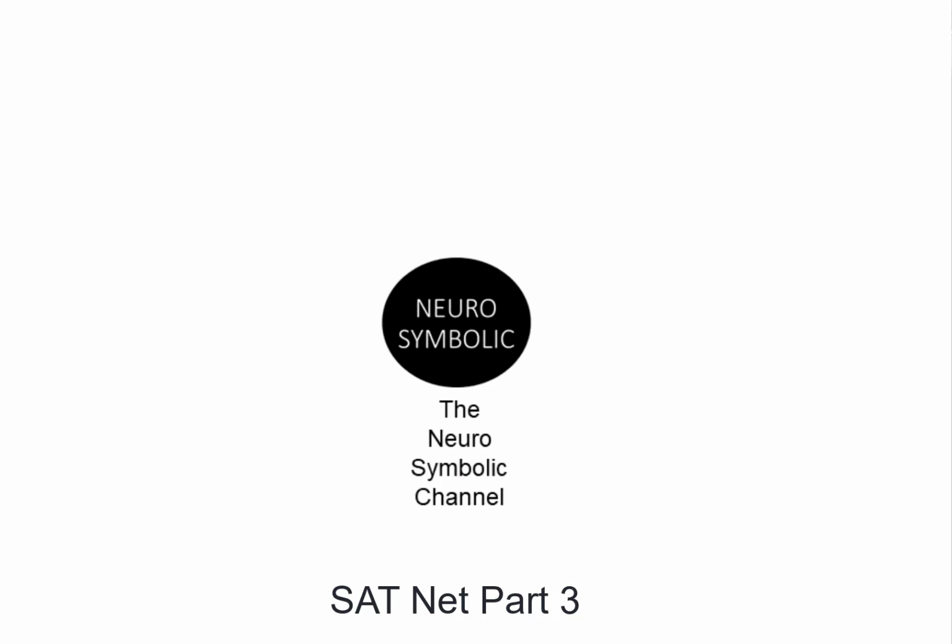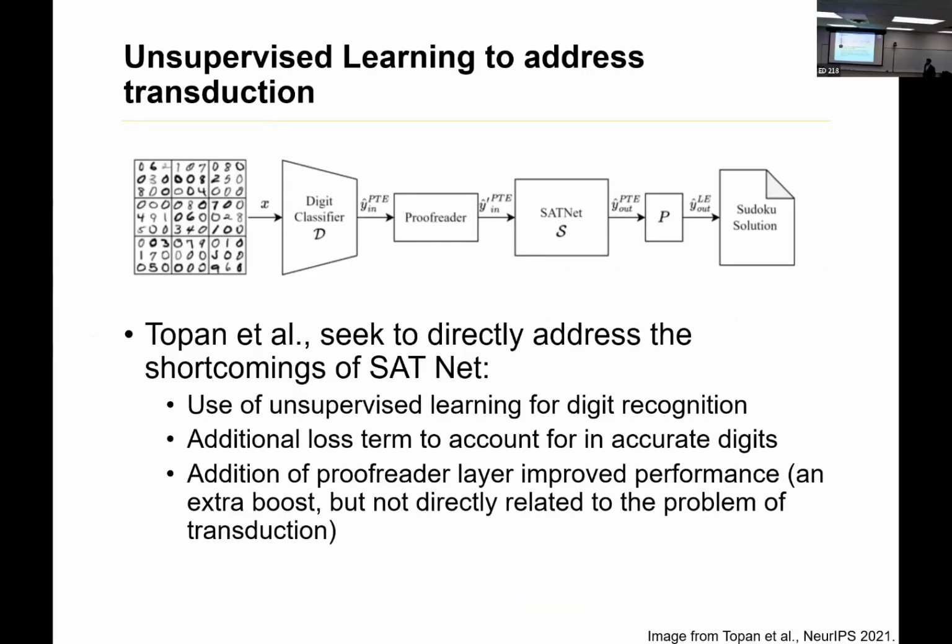Okay, so then there is a third paper, which came out a year after the rebuttal, or maybe a couple months after the rebuttal. And they said, hey, we think we can solve the transduction problem. They still call it simple grounding, I guess. And the idea was to use unsupervised learning to learn the digits.